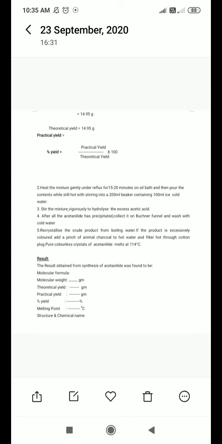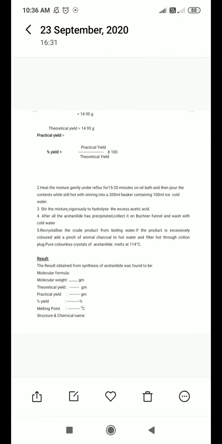Percentage yield is equal to practical yield divided by theoretical yield into 100. Practical yield means 10 gram, for example from 10.3 gram of aniline you get 10 gram of acetanilide. Then 10 gram is your practical yield divided by theoretical yield 14.95 into 100.